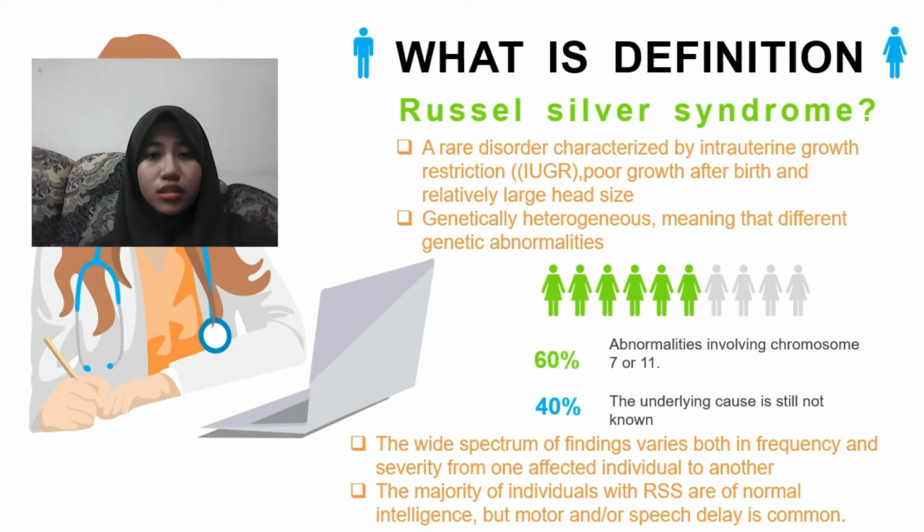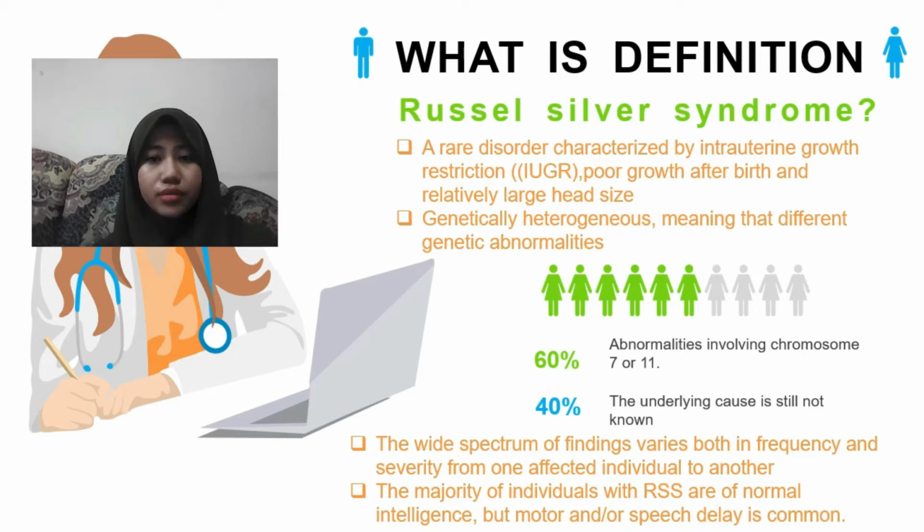RSS is genetically heterogeneous, meaning that different genetic abnormalities are known to cause this disorder. In 60% of patients, the cause is abnormalities involving chromosome 7 or 11, and in the other 40% of patients the underlying cause is still unknown.